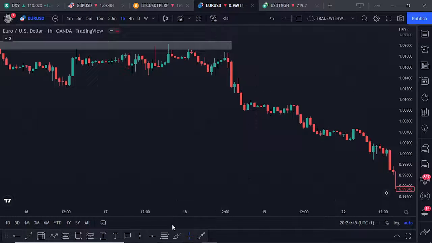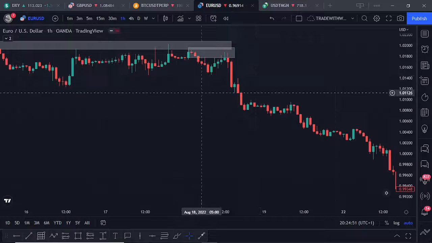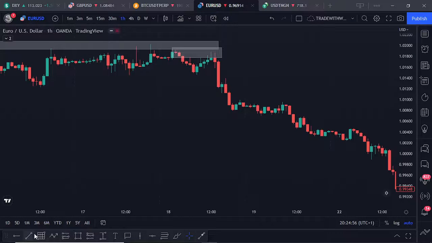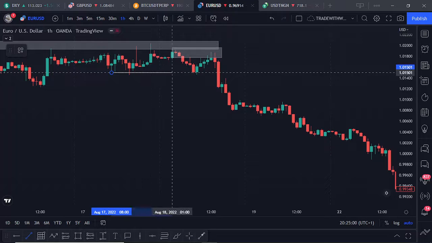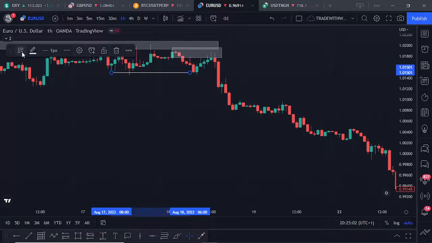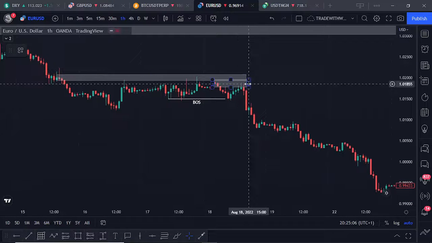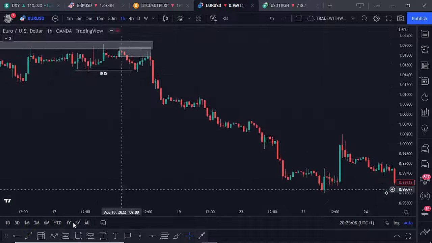And then it came back to break structure here. Yeah, that's the ideal entry. Okay, because we had the break of structure over here. You can see. Yeah, so this will be the zone you want to enter from.